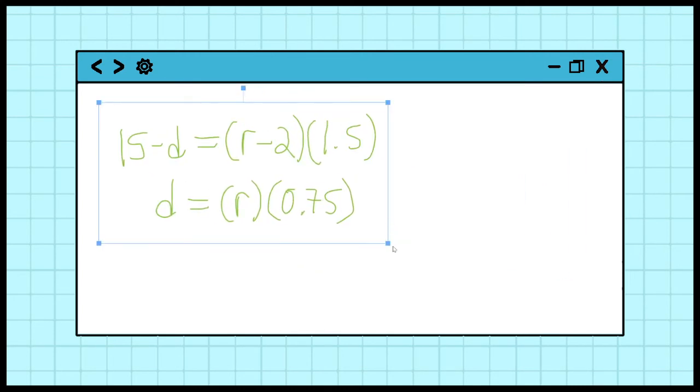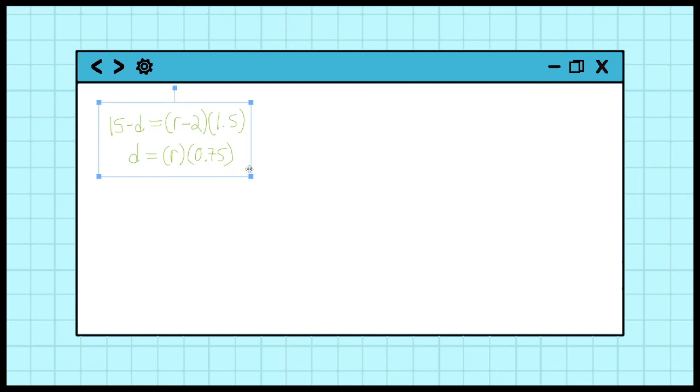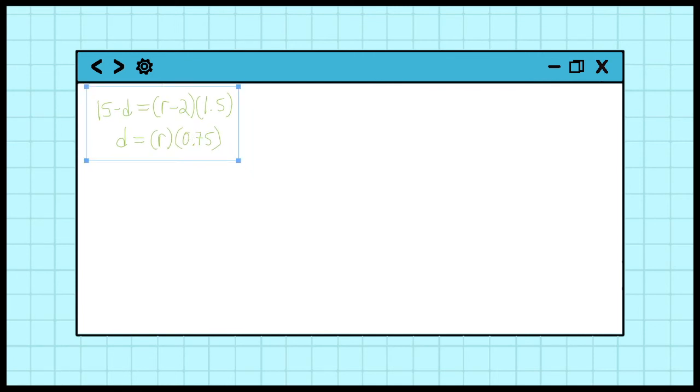Looking at that first equation, when we distribute the 1.5 through the parentheses, it becomes 15 minus d equals 1.5r minus 3. Then I want to solve for d. So I'm going to subtract 15 from both sides.